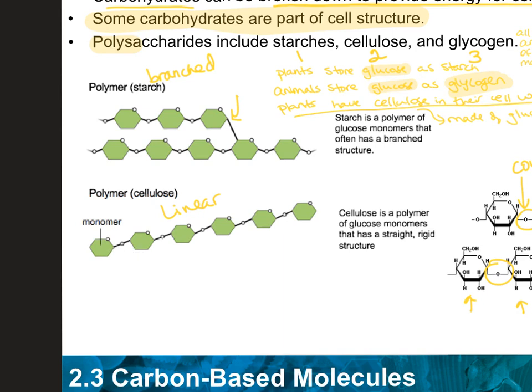So a fused ring, again, has to be like this. So they're fused right here. And again, my rings are not very symmetrical, but these are not fused. And these are.